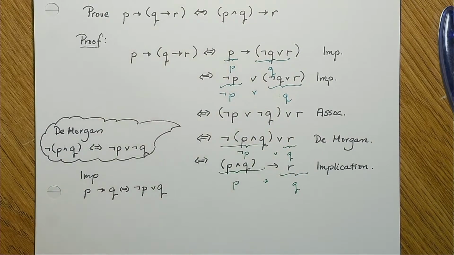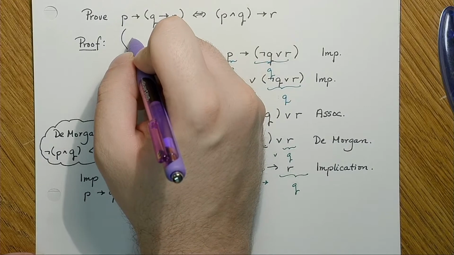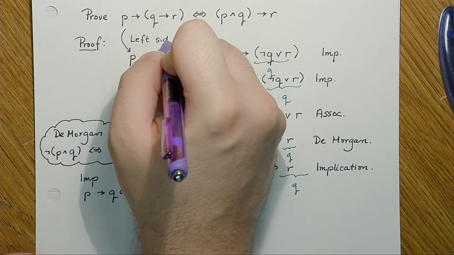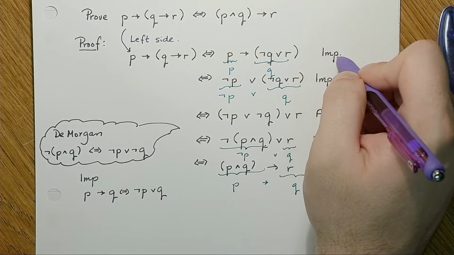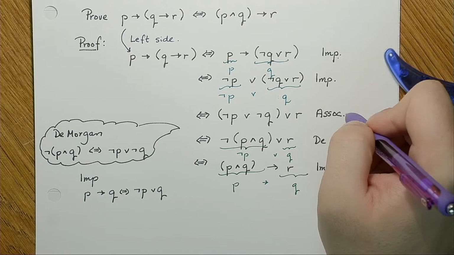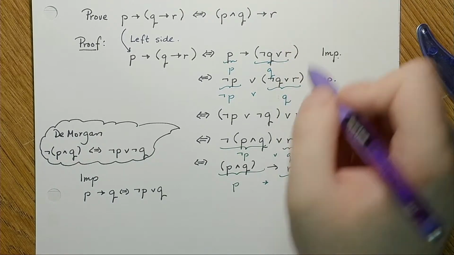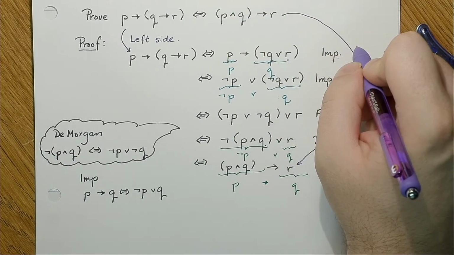So what we did from the left-hand side, we did the implication, an associativity, a De Morgan, and then another implication, and we get to the right-hand side.